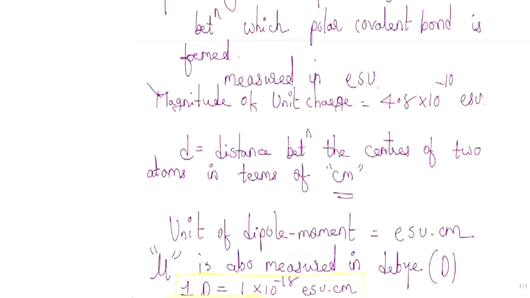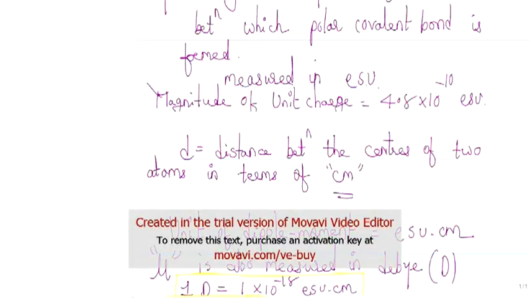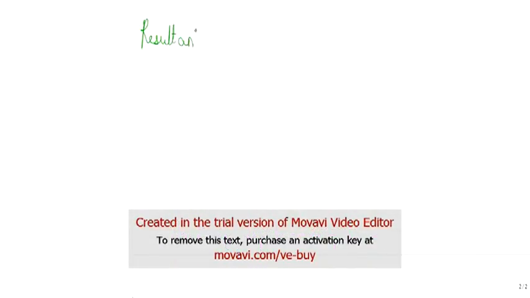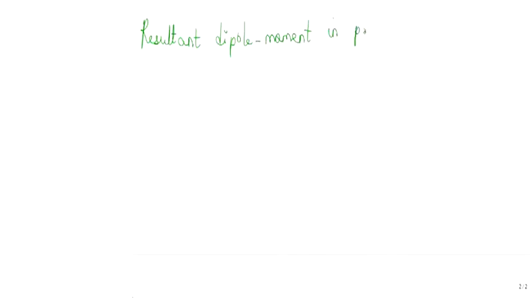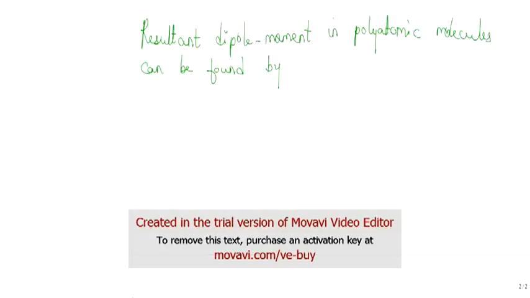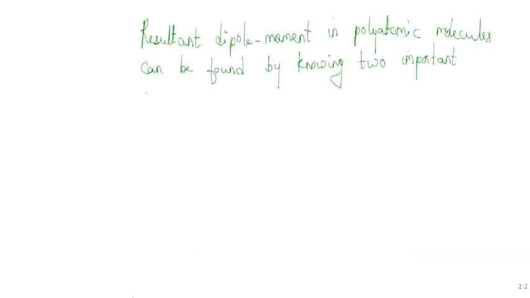So in case of polyatomic molecules, the resultant dipole moment can be found by knowing two important parameters.